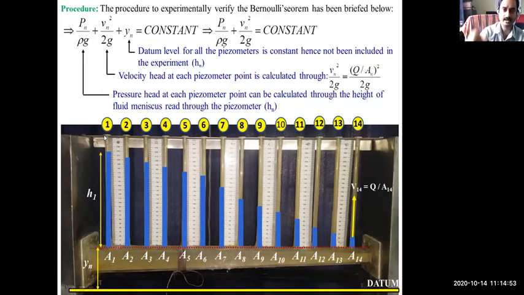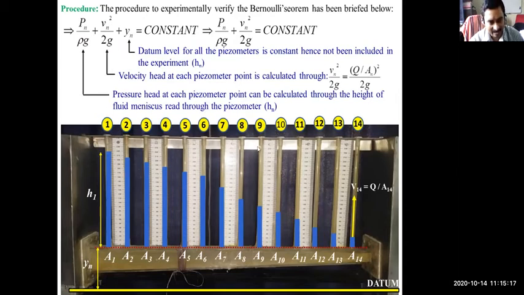You get that from the discharge, using this formula: discharge Q divided by cross-section area. The discharge you get by the procedure I told you: measure the time taken for the tank to fill up to a certain height, then volume divided by time gives the discharge. So you get the pressure head and velocity head for all the piezometric points.